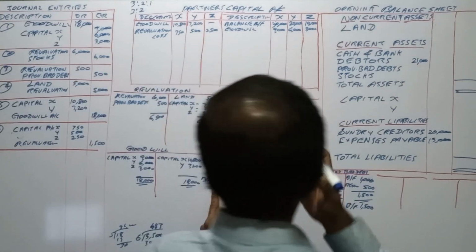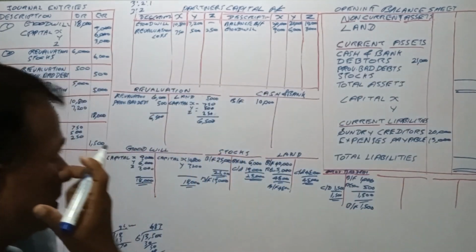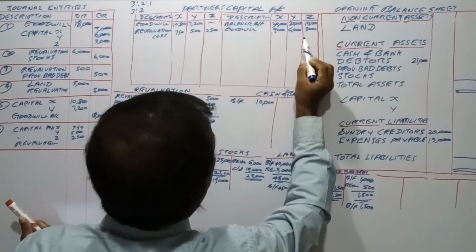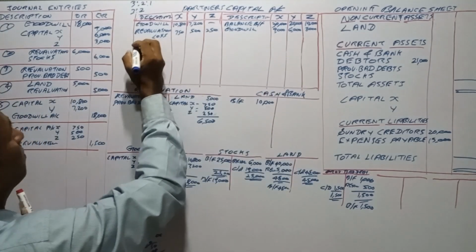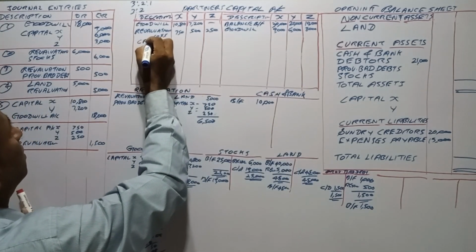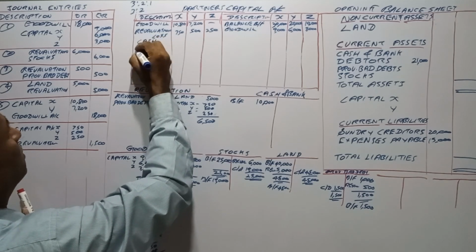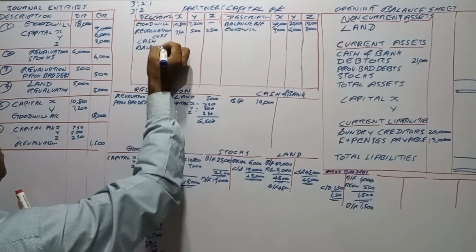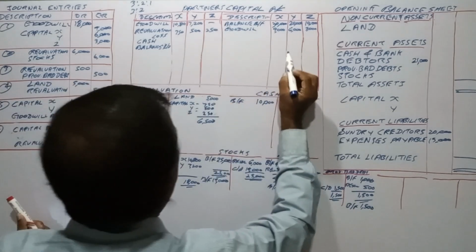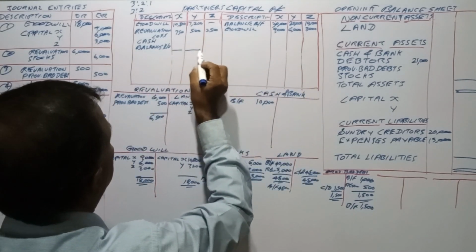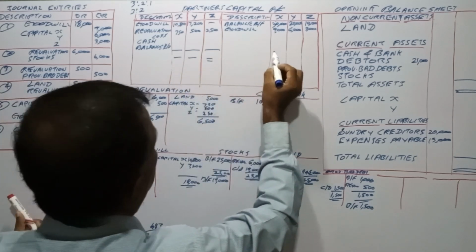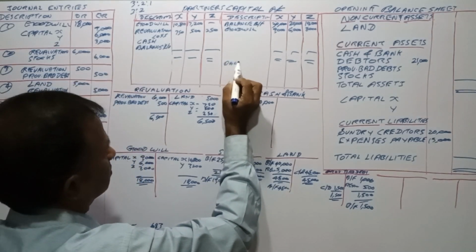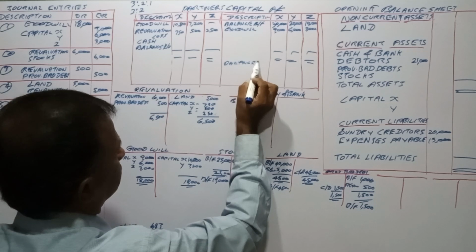We have to balance the amount, with cash and balance carried down, then balance brought forward.